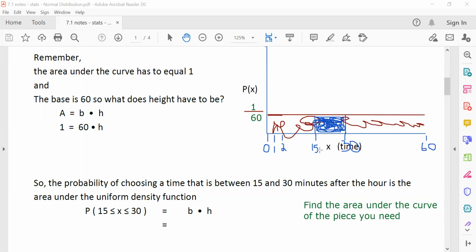Well, we can see that it's a 15-minute time interval here. It's a 15-minute time interval times, well, the rectangle here has a height of 1 over 60 again.